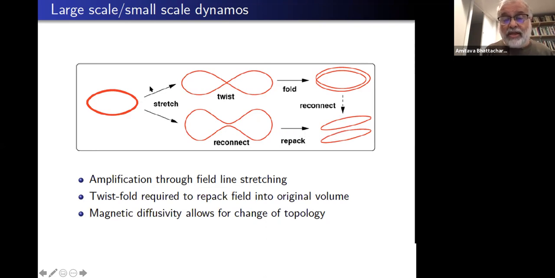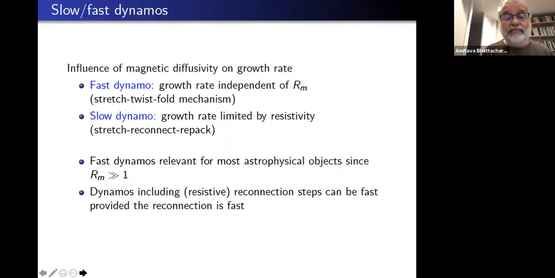It turns out that this cartoon illustrates the distinction between fast and slow dynamo. And that's what I am going to do at the very beginning of the lecture today, that the magnetic diffusivity can have a strong effect on the growth of magnetic field. So you're looking at this induction equation, okay?